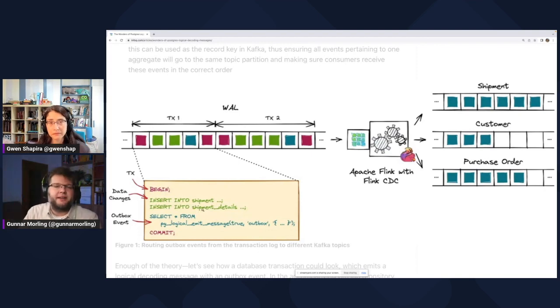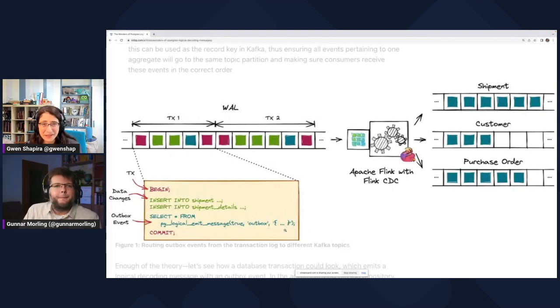Now there are different ways you could do this, and one interesting way is by sending such a logical decoding message. So we would use this function, pg_logical_emit_message. We would say it's transactional, so we don't want it emitted if our transaction rolls back. Then we say it's an outbox message. And then again, our payload here could be whatever we want it to be. In this case, it would be just a JSON structure for the sake of the example.